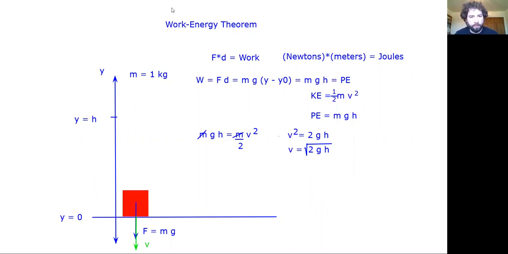For this situation, we'll see a lot where it starts from rest and then falls to the ground, which is y equals 0, so then it has 0 potential energy. So all potential energy goes to kinetic energy. And it can also happen the other way around, where, say, we shoot it with an initial velocity, and then we ask what height it will go to.